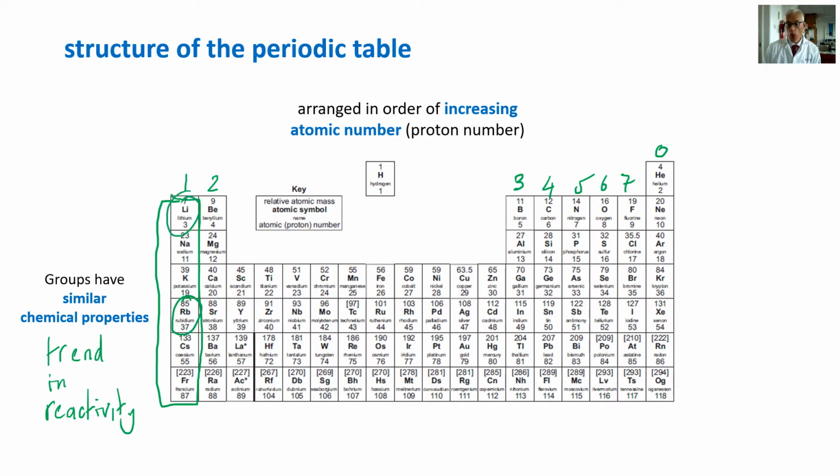But what we don't really discuss in pre-A level chemistry is the idea of periodicity. That is the trends in physical and chemical properties across the periods.